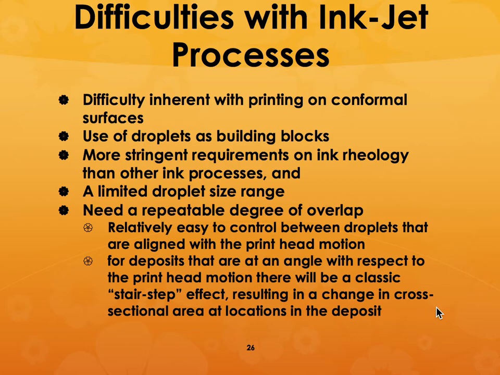So what are some of the difficulties? You have to use droplets as building blocks, and you may not always be able to print them on conformal surfaces. Conformal means surfaces that are not flat. There is an extremely stringent requirement for proper ink rheology compared to other ink processes, and you only have a limited droplet size range, which means that you can't build up a height for these materials.